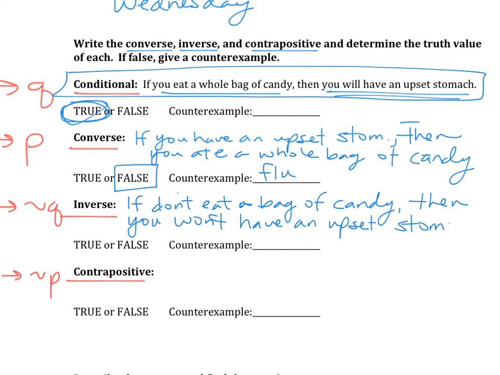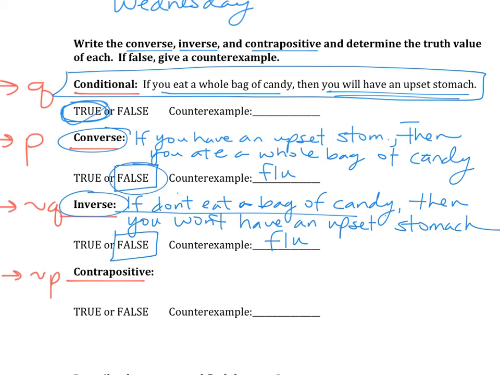So let's think of it like this, okay? We didn't eat a whole bag of candy. Is it possible for you to still have an upset stomach? And the answer would be yes. So this is a false statement. And again, because you could have the flu and get an upset stomach, even if you didn't eat a bag of candy, you can still get that upset stomach, okay? Notice the converse and the inverse will always have the same truth value, false and false, or true and true, okay?